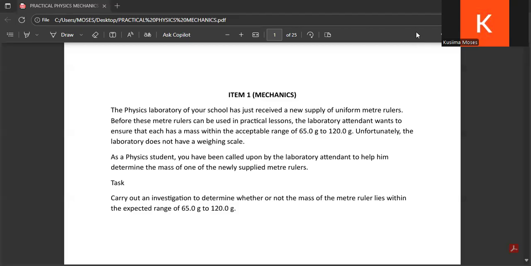As a physics student, you have been called upon by the laboratory attendant to help him determine the mass of one of the newly supplied meter rulers. Task: carry out a scientific investigation to determine whether or not the mass of the meter ruler lies within the expected range of 65 grams to 120 grams.